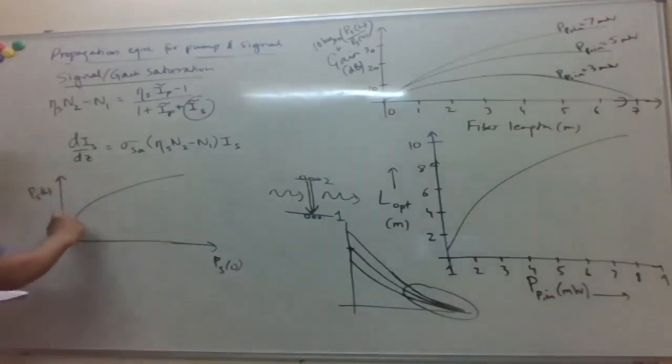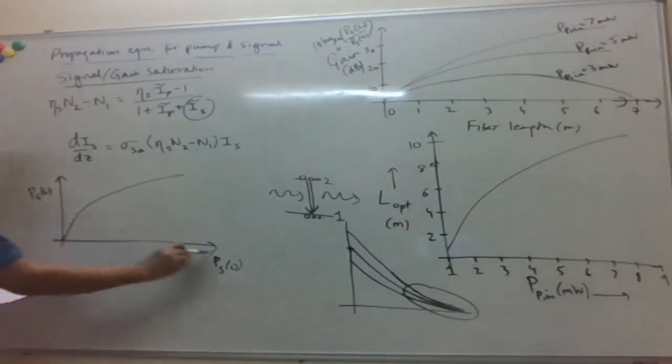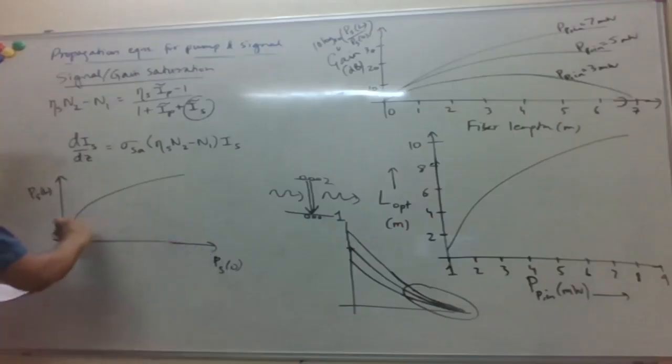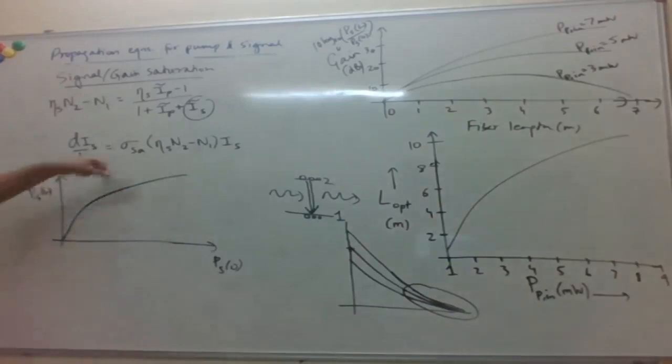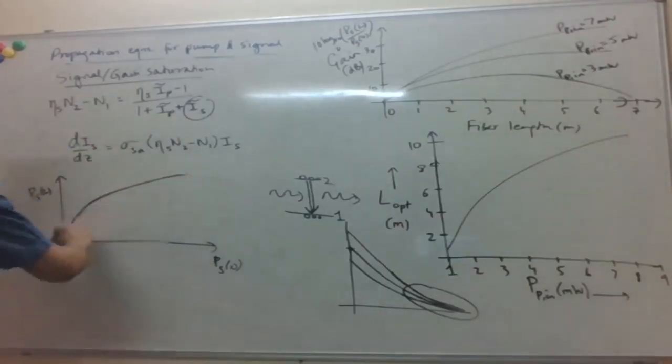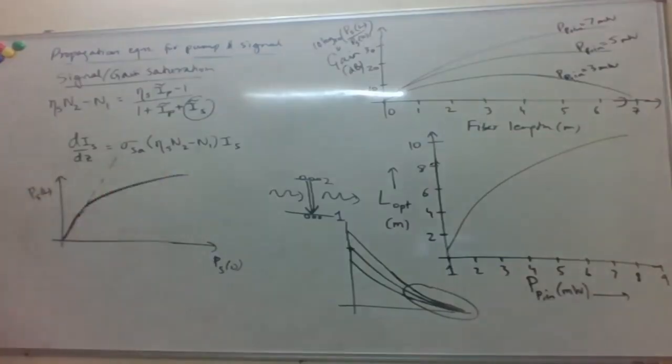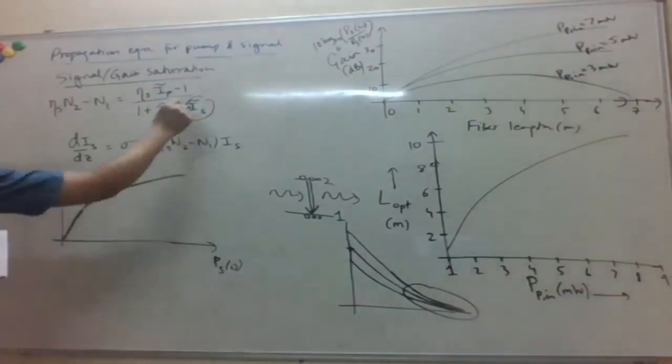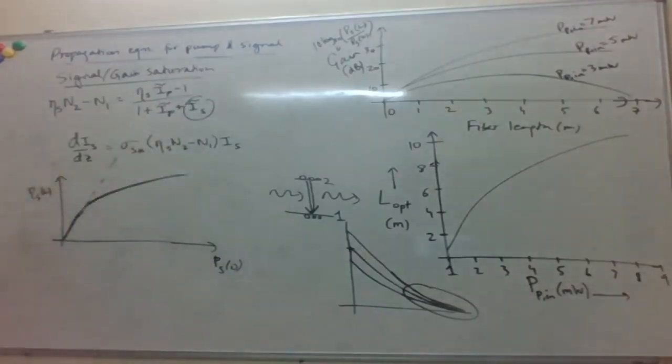But what happens is that as you increase the input signal power, the slope keeps going down, because the gain value is going down. So this is some kind of saturation you can see. This doesn't keep going up like this. And that's because, again, the gain value is inversely proportional to the signal power.